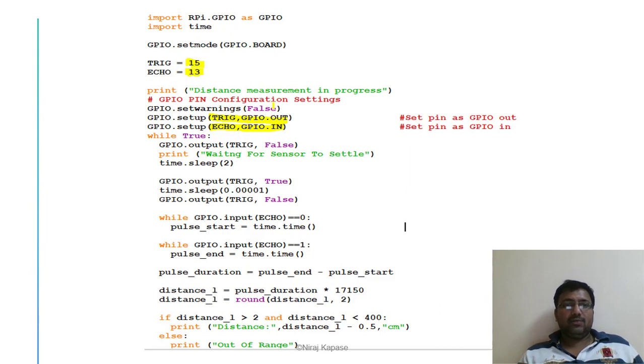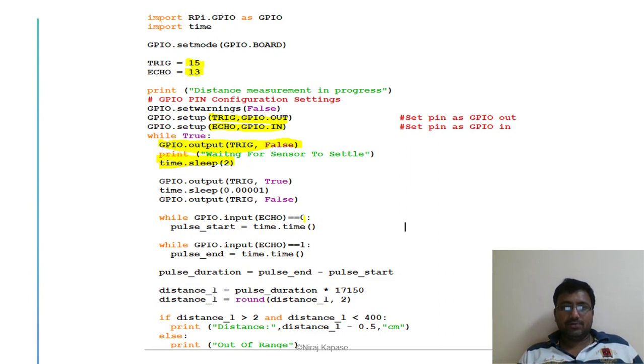GPIO.setwarnings False, GPIO.setup trigger GPIO.OUT, and GPIO.setup echo comma GPIO.IN. While True, we wait for the sensor to settle for 2 seconds. So here it is the sensor settling time. After that trigger is True, then we transmit a 10 microsecond pulse and trigger is made False.